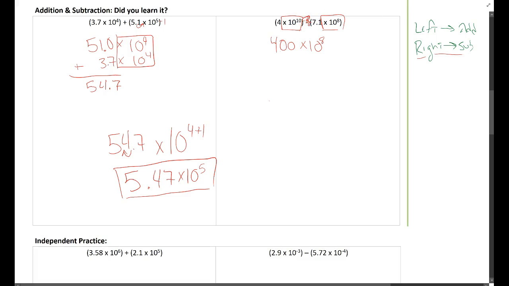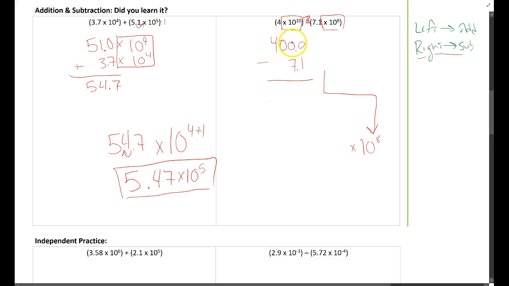And I have 7.1 times 10 to the 8. As we saw earlier, this is going to come down here and be times 10 to the 8 until I need it later. So I have 400.0 minus 7.1.